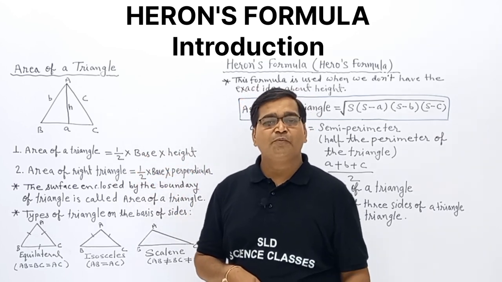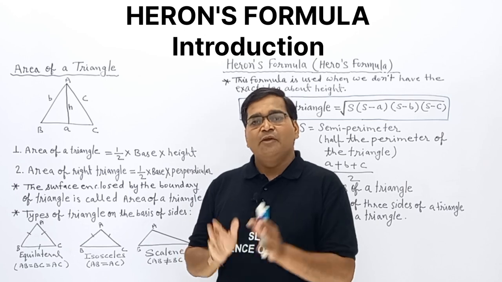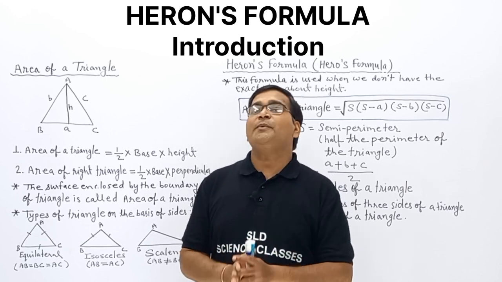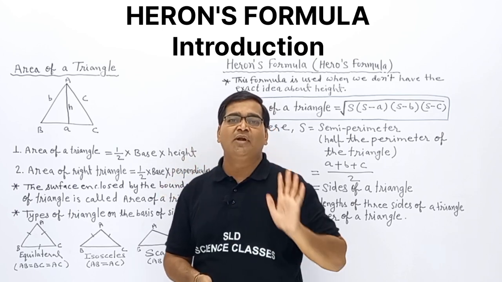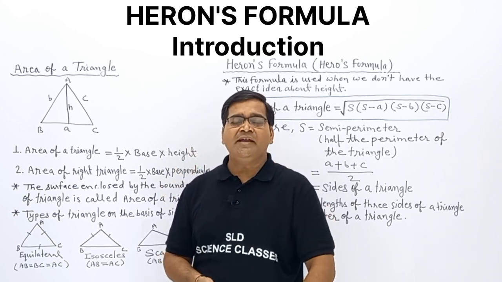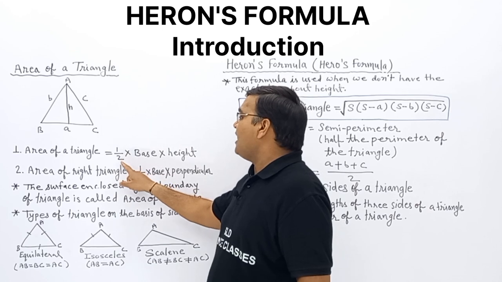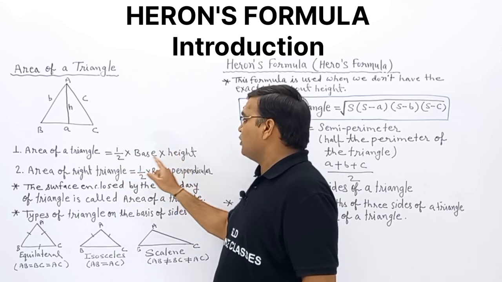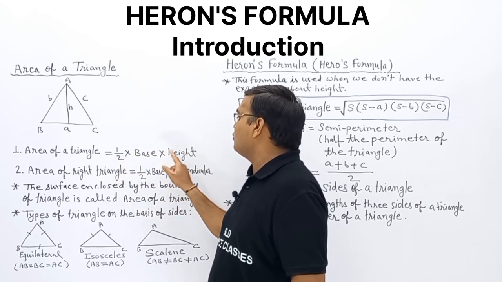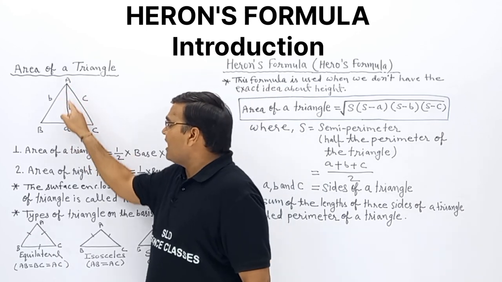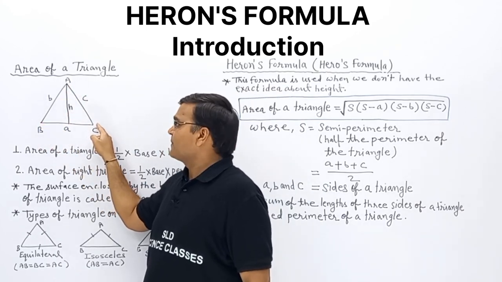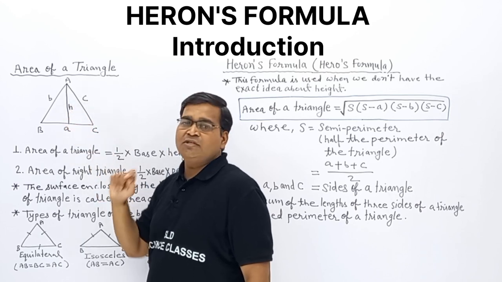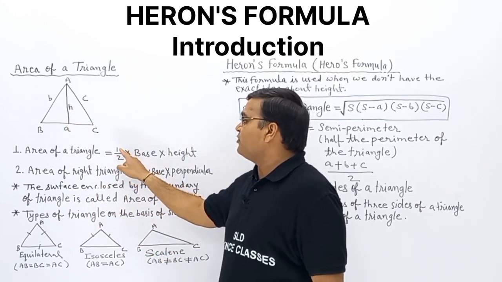What is the formula of area? A simple formula. Only if the height of the triangle is given can we apply this formula: 1/2 into base into height. This is the height and this is the base. Multiply both and multiply with 1/2.